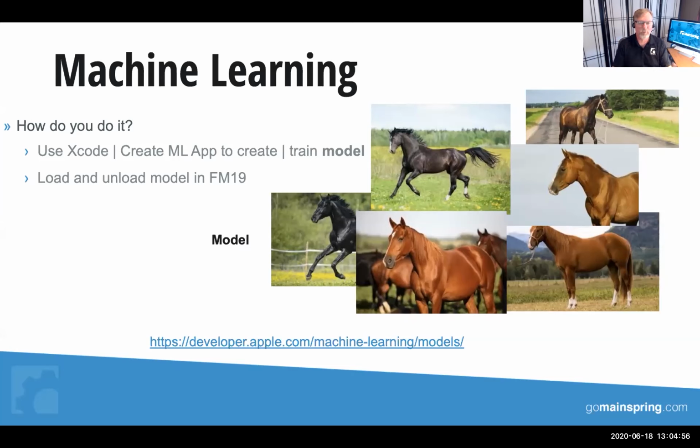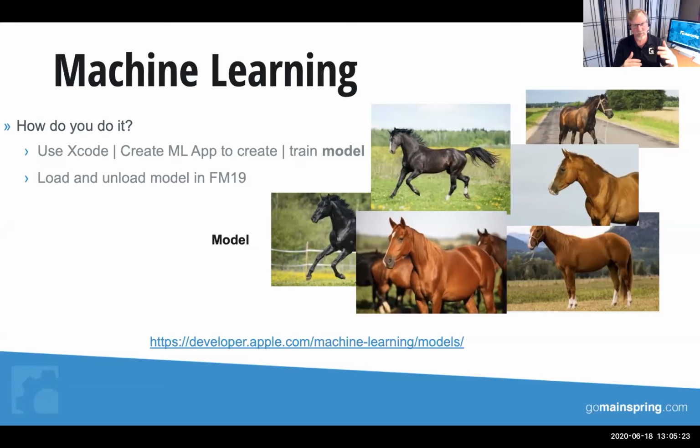You end up uploading just a ton of pictures of horses. The more horses you can upload into this thing, the better chance it has to figure it out. So the first step of the process is you have to create this model. And that is what you're going to use within FileMaker to then take a picture, compare it to this compilation of pictures, and then determine the predictive outcome.